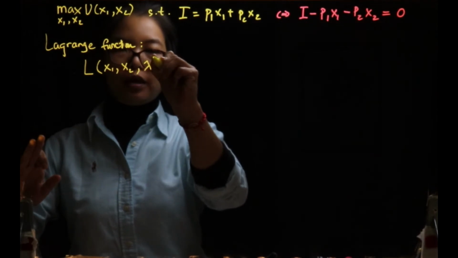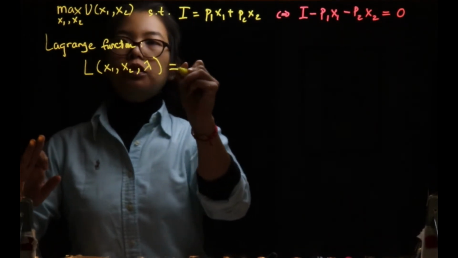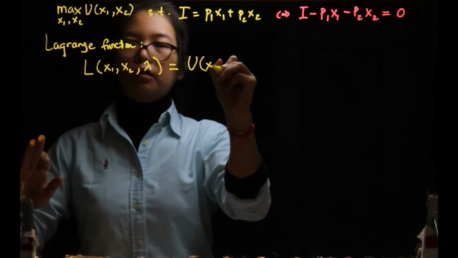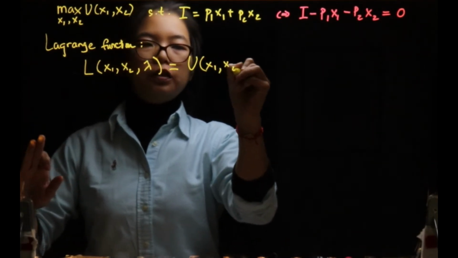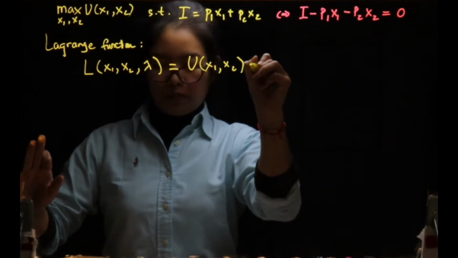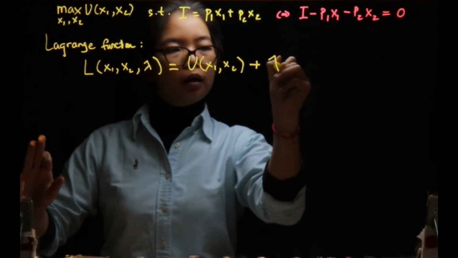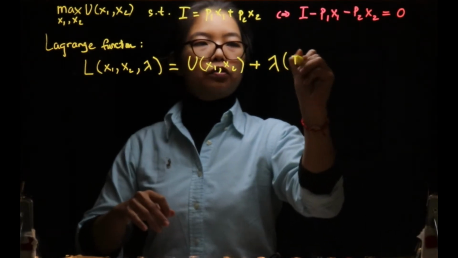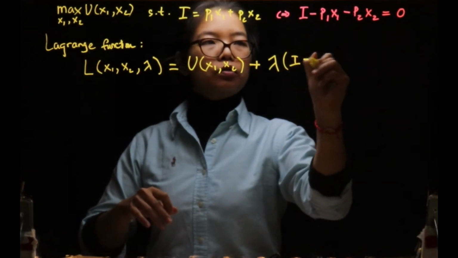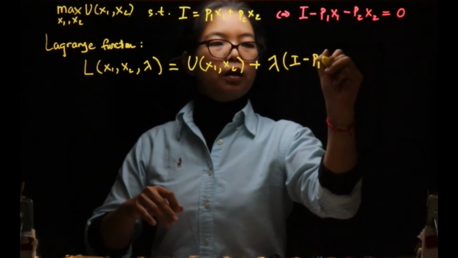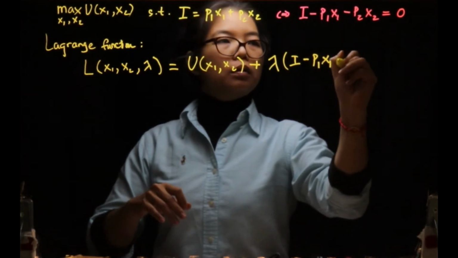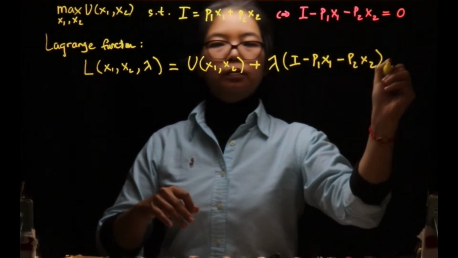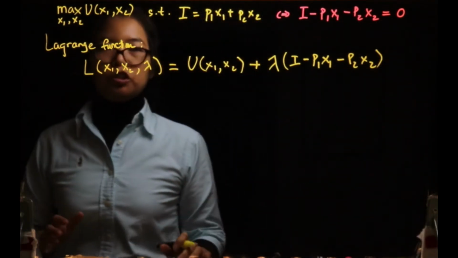We said that equals u, the utility function itself, plus lambda, that's where we need the lambda, times the constraint, I minus p1 x1 minus p2 x2. That's the Lagrange function.